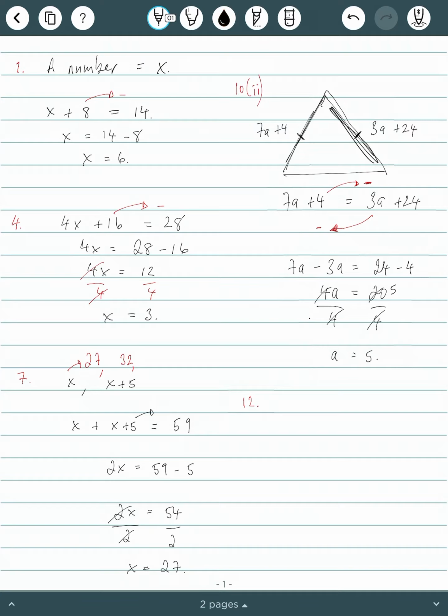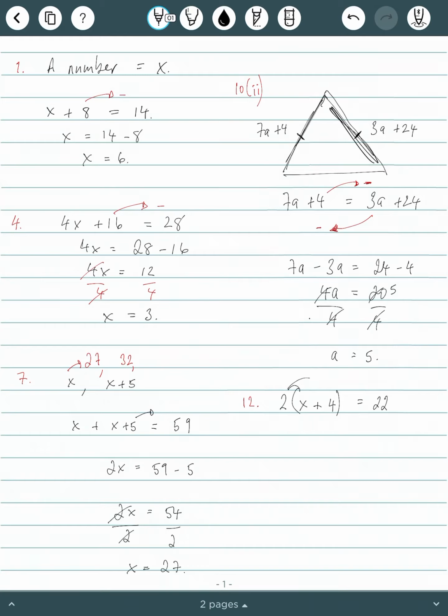When a number is increased, add 4. The result of this is doubled, so multiply it by 2. So x plus 4, the result is doubled, so multiply by 2. The answer is 22.